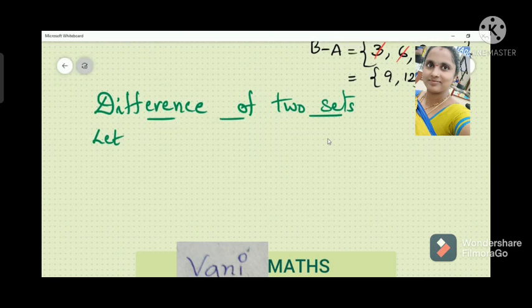Then A minus B is defined as the elements of A but not in B. Elements which are in A but not in B.